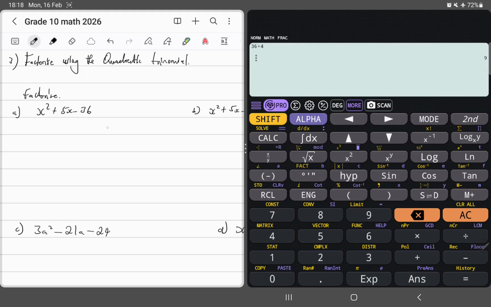Therefore, positive 9 times negative 4 will give us negative 36. Let us see. 9 times negative 4 will give us a negative 36. Remove that times, and what should we put? Put a plus, and what do we get? We get a 5. So my factors are a 9 and a 5.